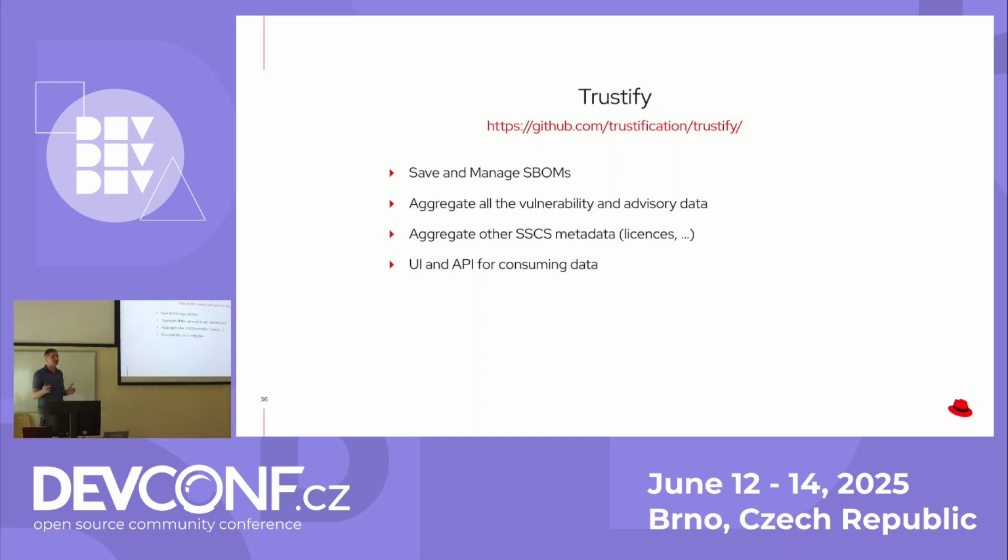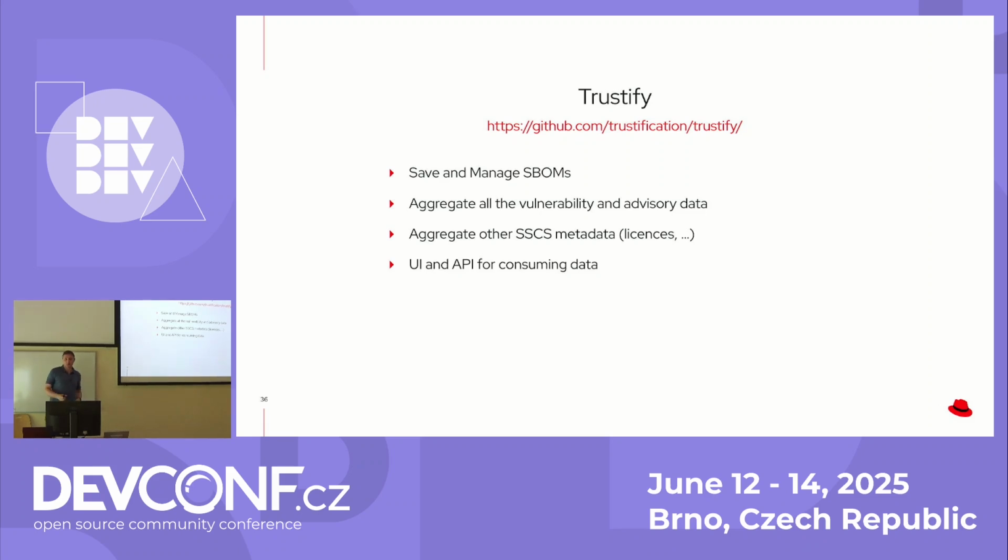First is the SBOM management. So for all your software products, we will try to ingest and keep all the versions of your software SBOMs over time, making it easier to query what packages are inside and what, for example, licenses are used. But also we'll try to aggregate all this data: the CVEs, the OSV databases, the CSAF repositories, and try to, in a single application, provide a security profile of different SBOMs and security products, right?